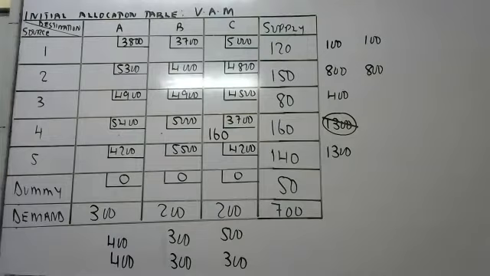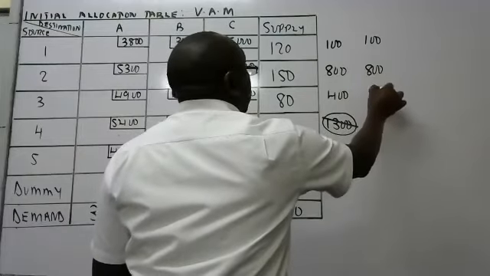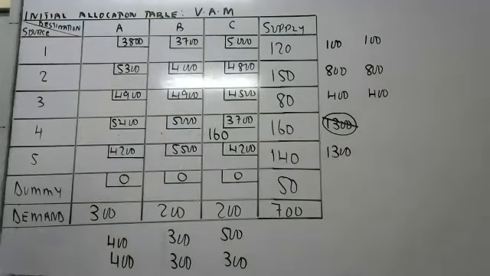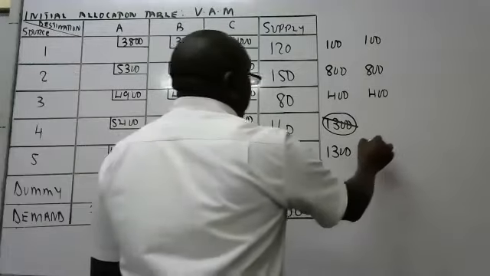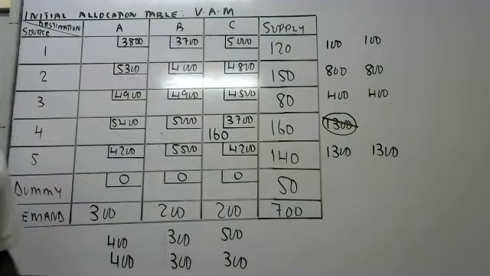The next one is 49 and 45, a difference of 400. The next one, number 5, is 42 and 55, a difference of 1,300.